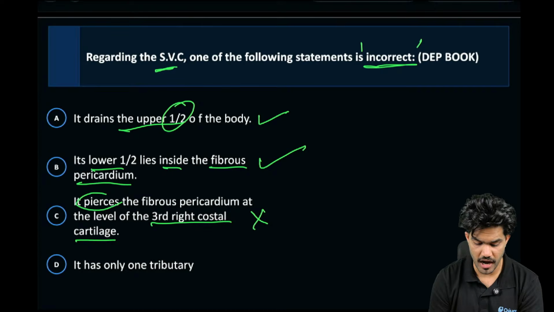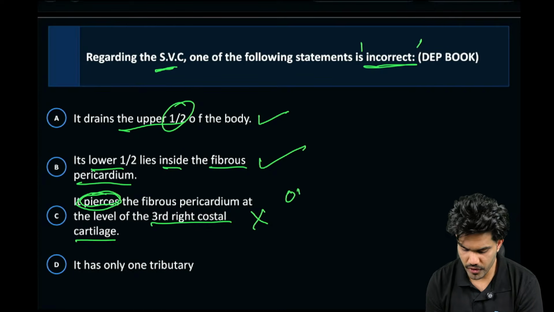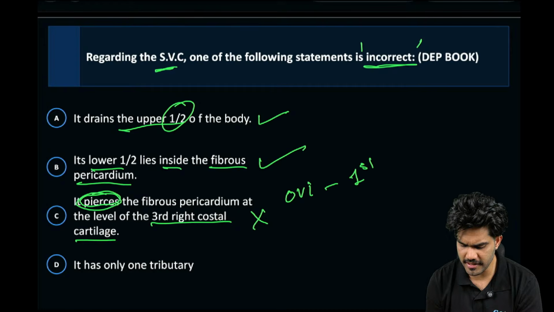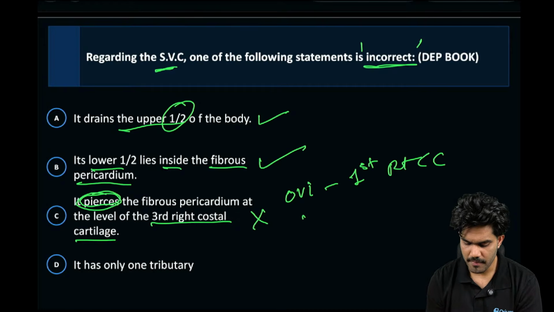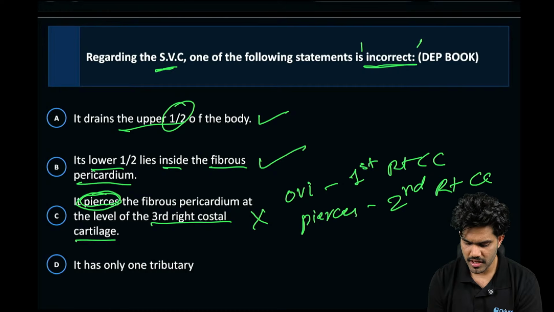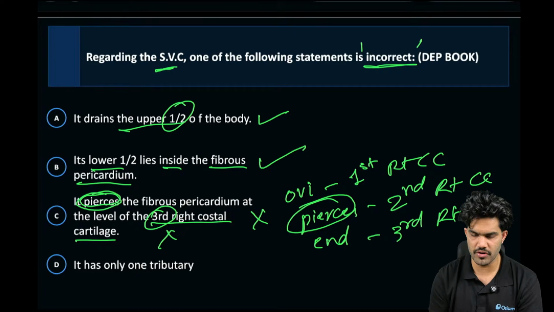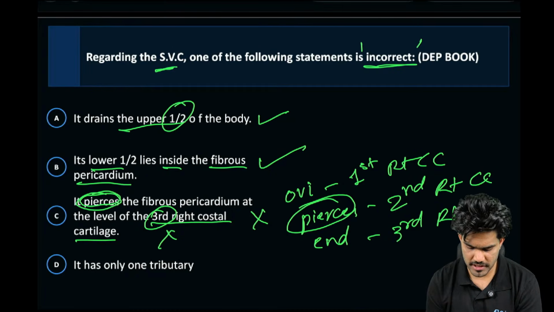No, here you have to focus. It pierces at which level? See, origin at the first right costal cartilage, pierces at the second right costal cartilage, ends at the third right costal cartilage. The piercing they are asking is not the third, don't confuse here. So this is the wrong answer.